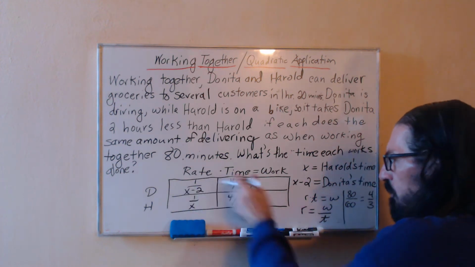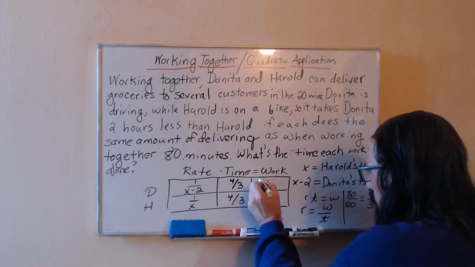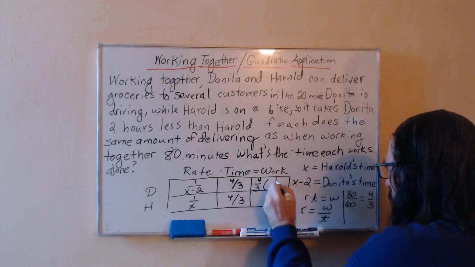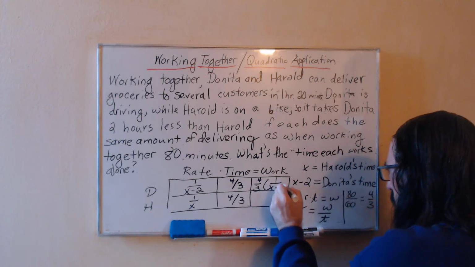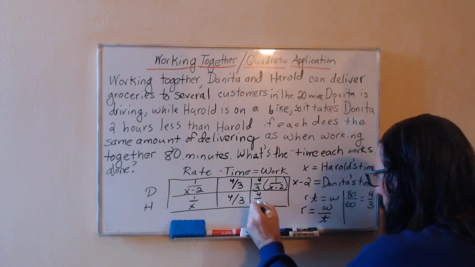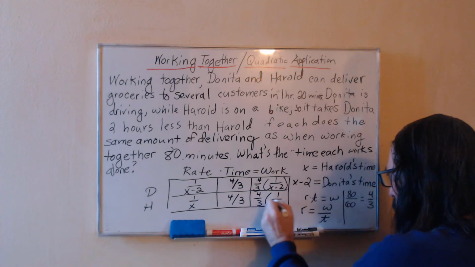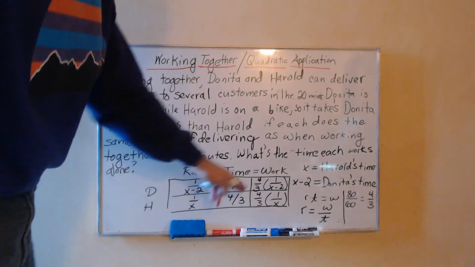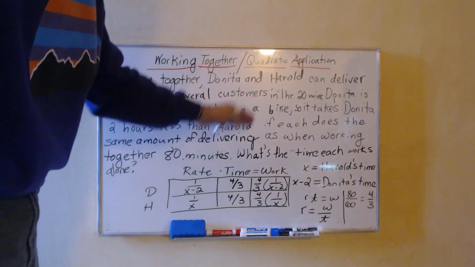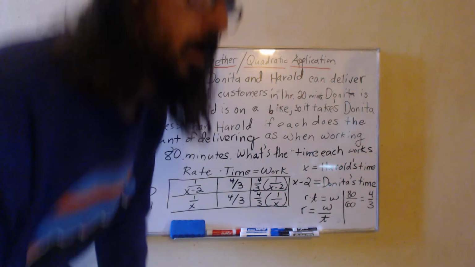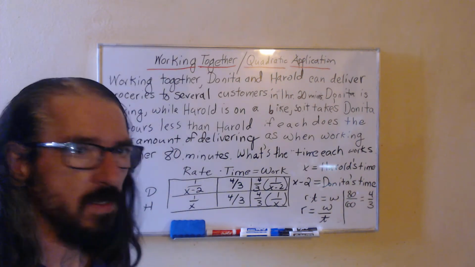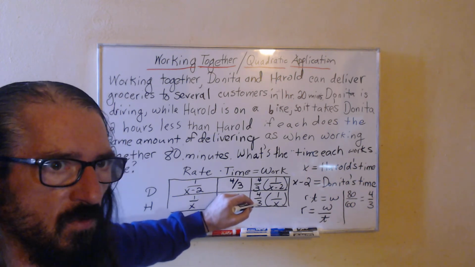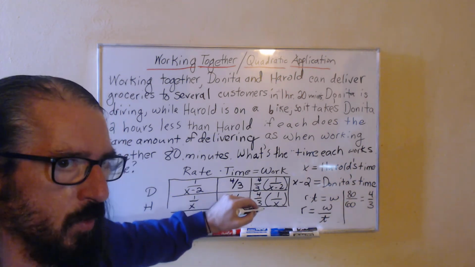Alright, so multiplying these, rate times time equals work. I'm not going to do anything with simplifying at the moment. Just leave it as this for the time being. Working for that 1 hour and 20 minutes or 80 minutes, i.e. that 4/3 of an hour, this is how much each of them would get done on the job when they're working together.